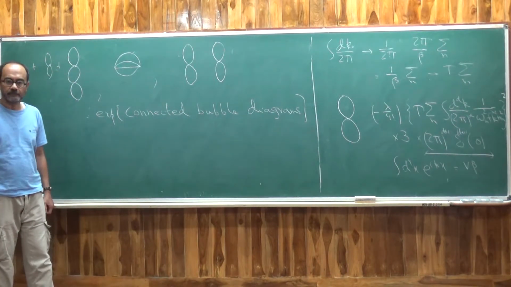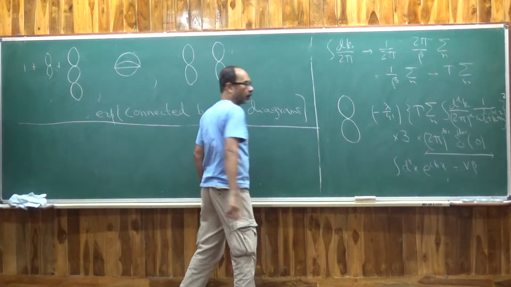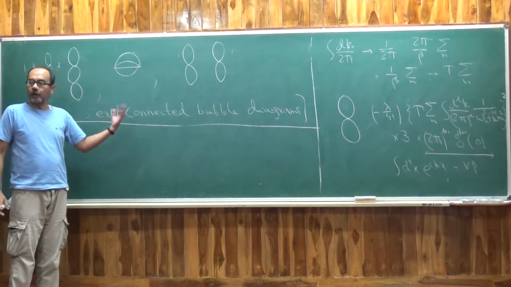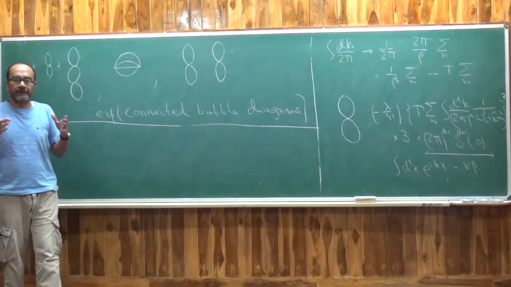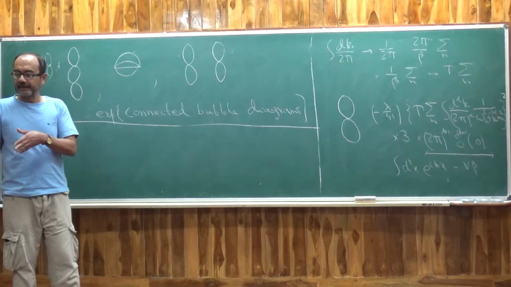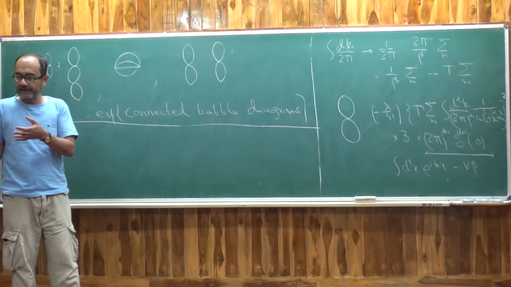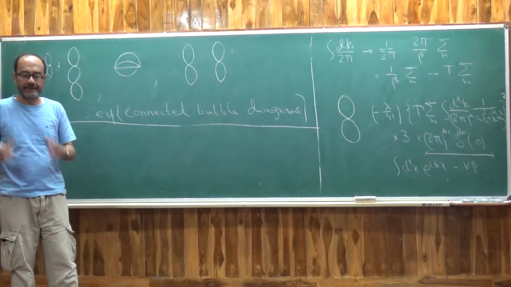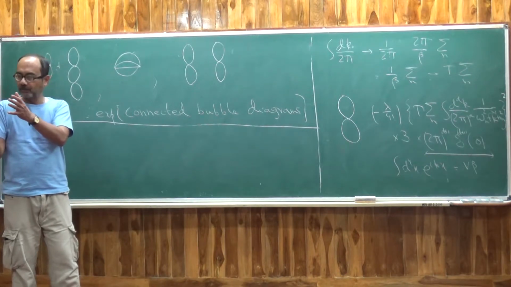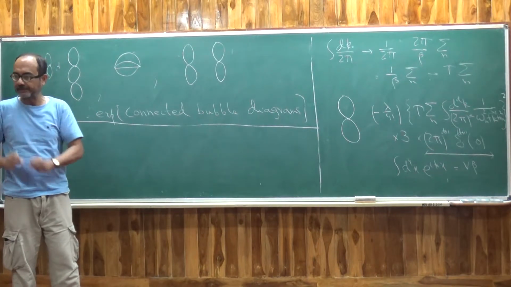Basically, in proving this we have to make sure that the combinatorial factors work. It's clear that diagram by diagram we can compare. Suppose you have the exponential of a1 plus a2. When you expand it out, you will get terms like a1, a2, a1 square, a2 square, a1 a2. a1 is a single connected diagram, a2 is another single connected diagram, a1 a2 is a combination of a1 and a2, a1 square is two bubble diagrams each of which is a1, a2 square is two bubble diagrams each of which is a2, and so on.